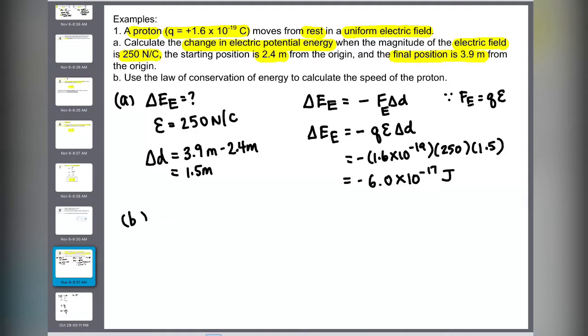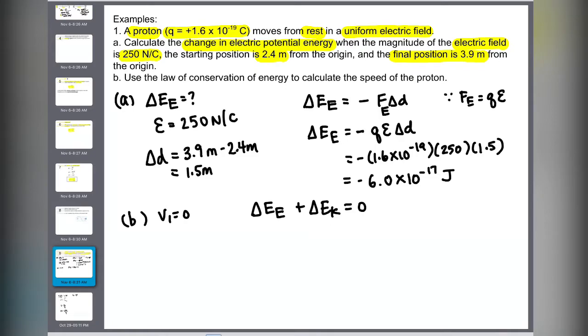Okay, B: use the conservation of energy to calculate the speed of the proton. We assume the initial speed is 0. The change in electrical potential energy plus the change in kinetic energy is 0. Are you okay with that? Whatever is lost from the electrical potential is gained by the kinetic.